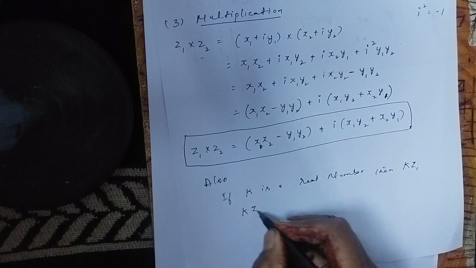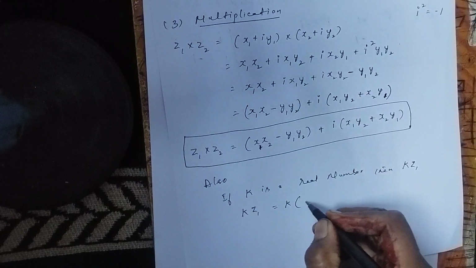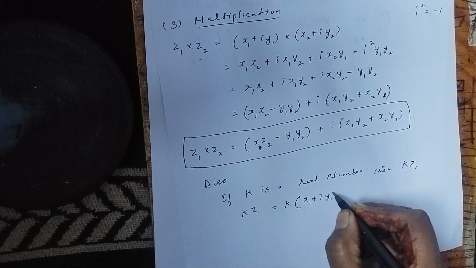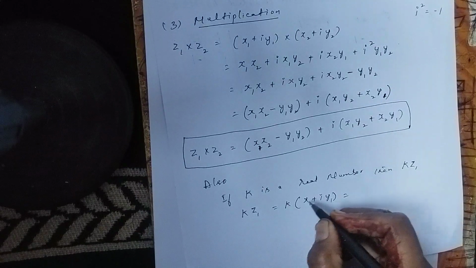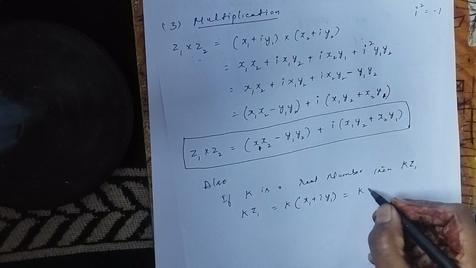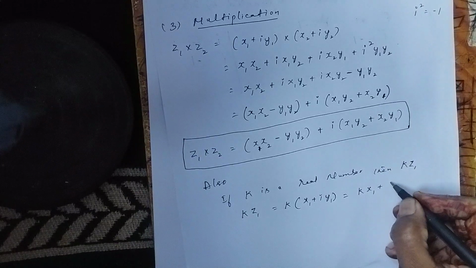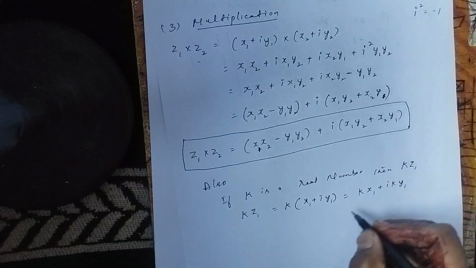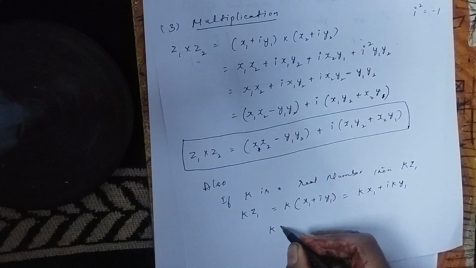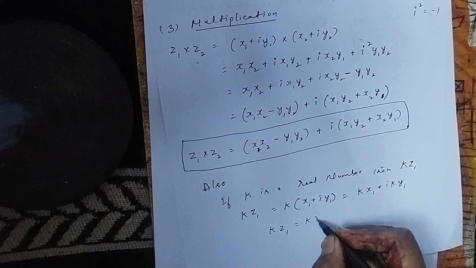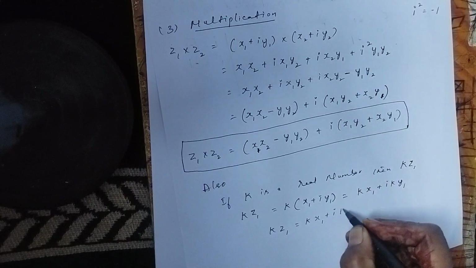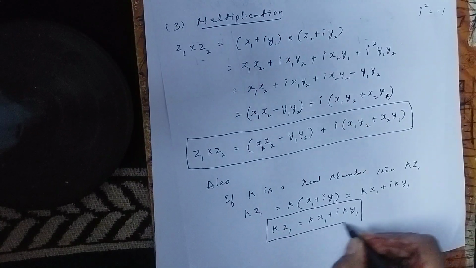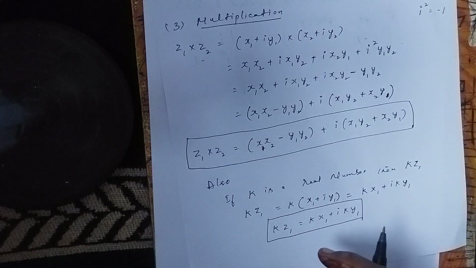Just multiply k with these terms. z1 is x1 + iy1, so kz1 = kx1 + iky1. Just multiply the real and imaginary parts.